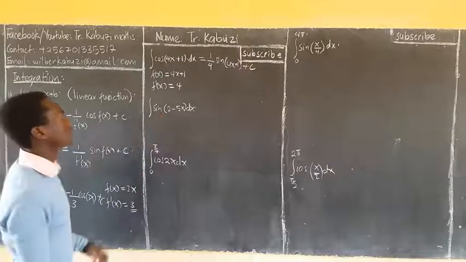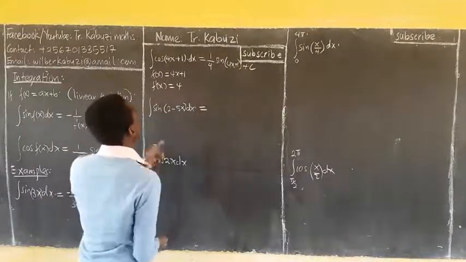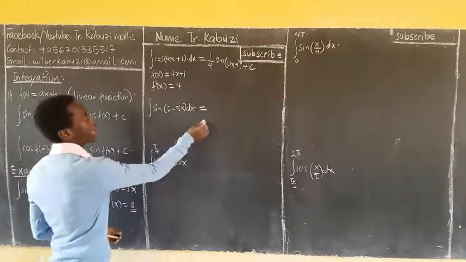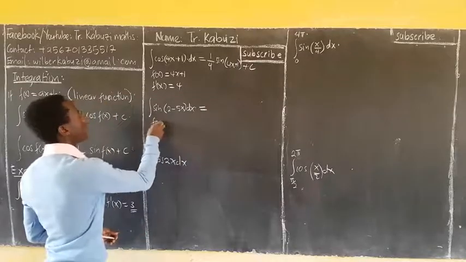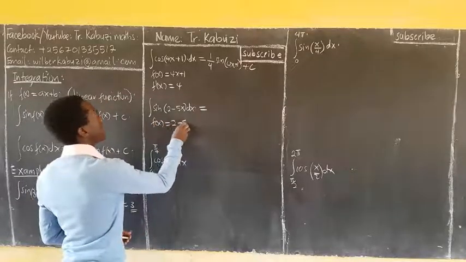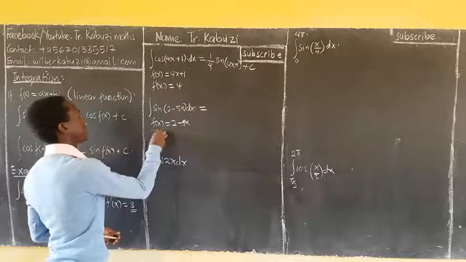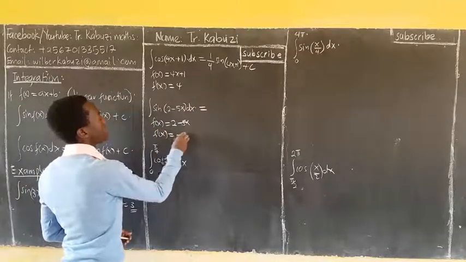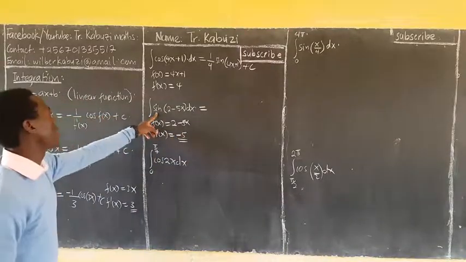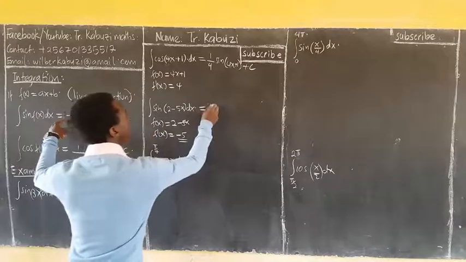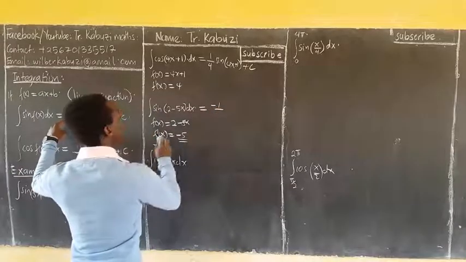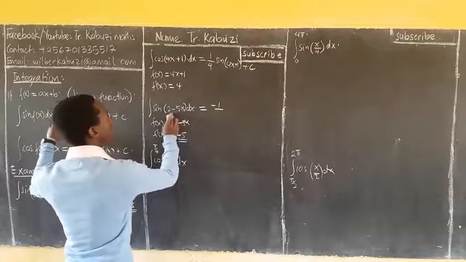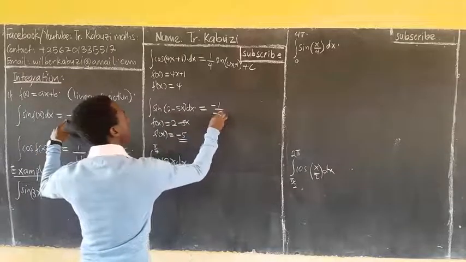When you come to this, f of x is 2 minus 5x. Its derivative is -5. When you integrate sine, you get a negative, so I have -1 over the derivative of the angle, which is -5.